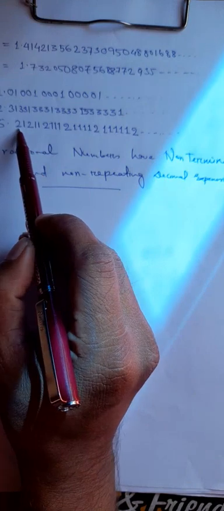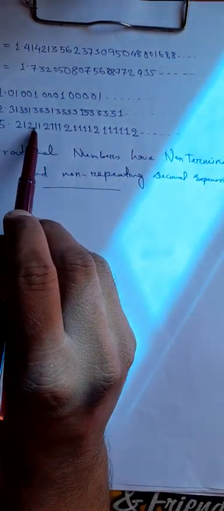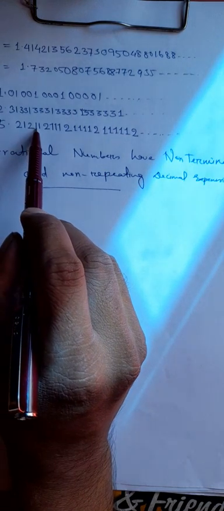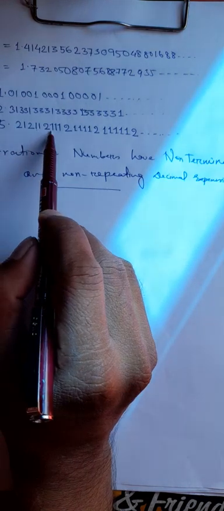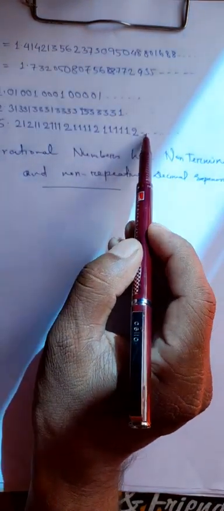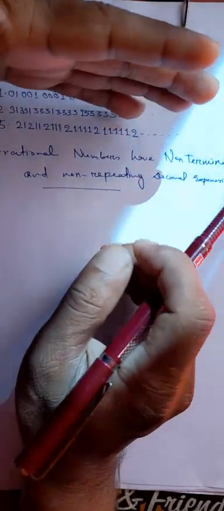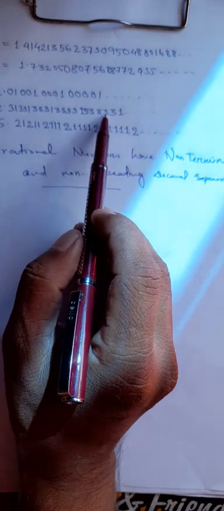This is non-terminating and non-repeating. Here 1 is repeating, but every time the number of ones is increasing. First 1 one, 2 ones, next 3 ones, 4 ones, 5 ones, and this will go on increasing, so it is not repeating. Similarly here also the number of 3's is increasing every step, it's not repeating.